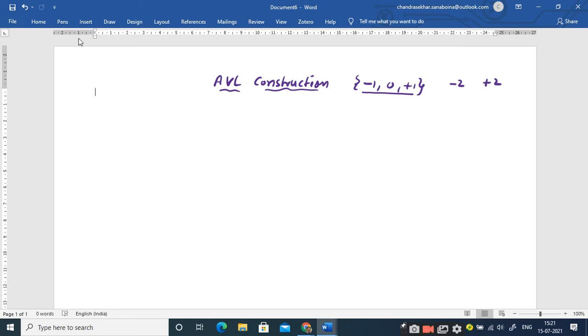And when you find such nodes where the balance factor is not satisfying, then you have to give solutions for those particular nodes. So as we have discussed, there are 4 different solutions: left rotation, right rotation, LR rotation and RL rotation. So based upon under what category it is going to fall, you have to apply that particular rotation.